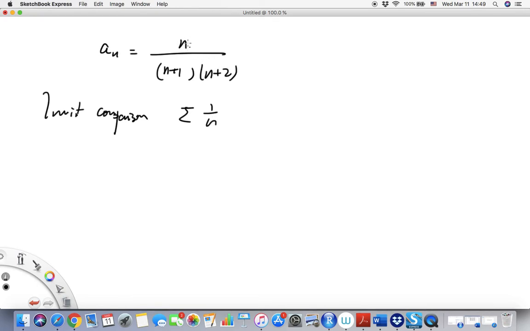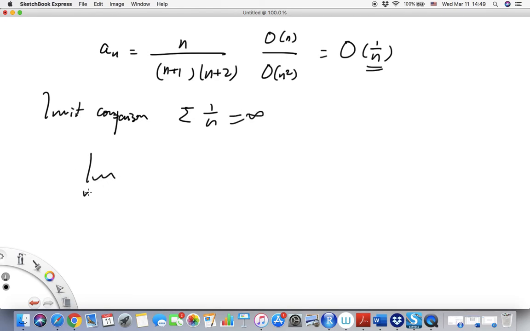Your numerator is a degree 1 polynomial in n, and your denominator is of degree 2. So if you take the ratio, it is of order 1 over n. That's why we compare with 1 over n. We know the sum of 1 over n is equal to infinity.